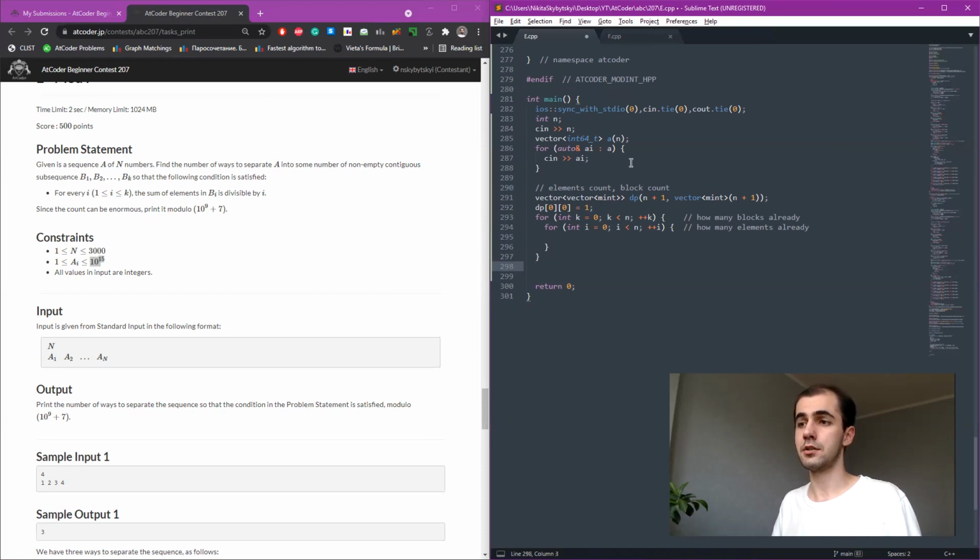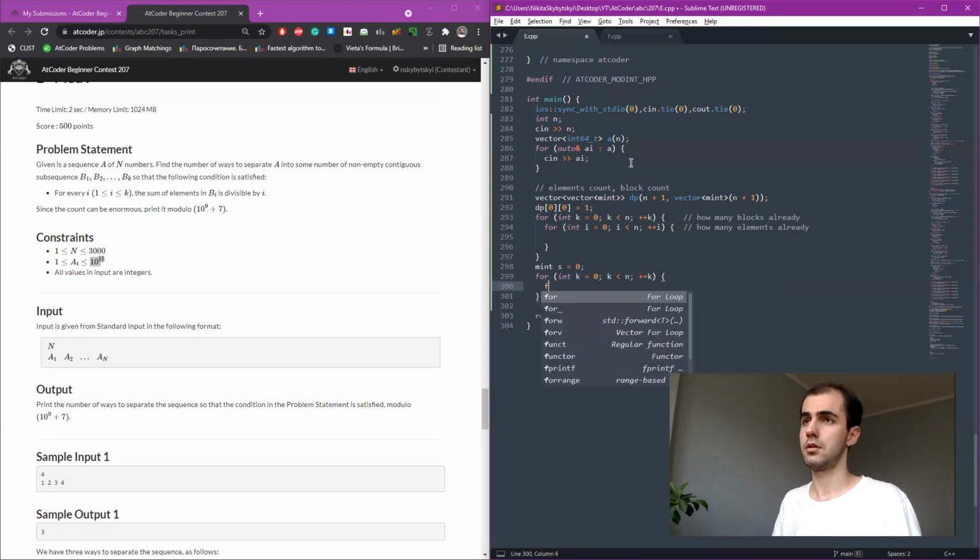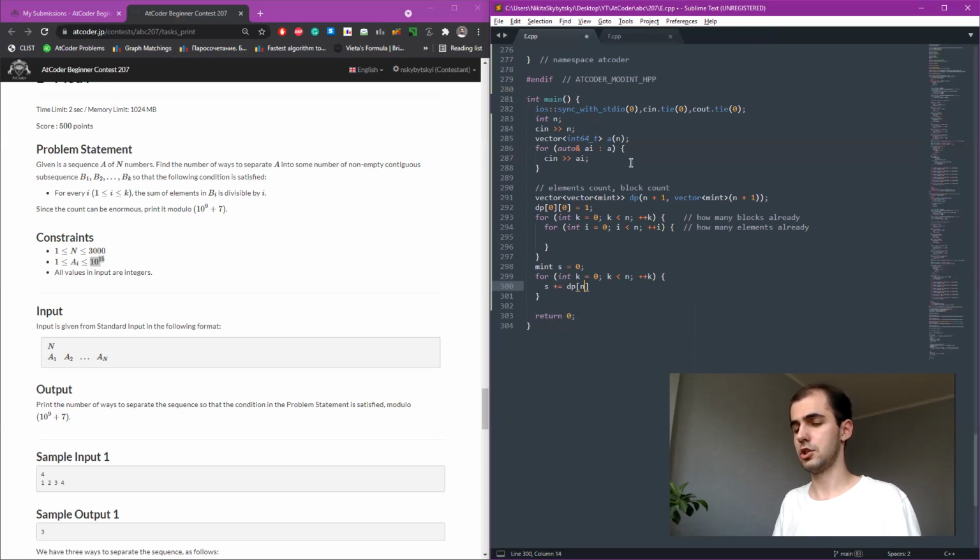What will be our answer? That's a good question. Can't really use A. Let's say S because it sums things. What should we do? We should access this, right? Or rather this.